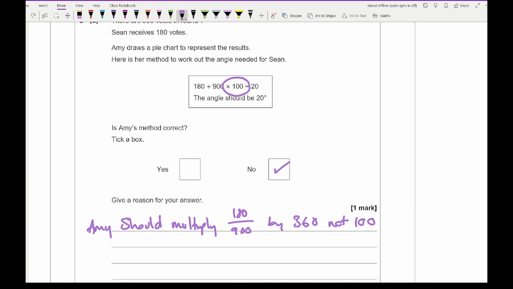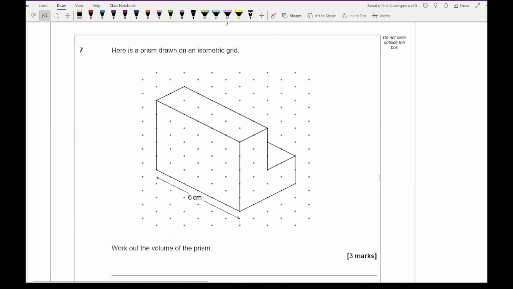You could also say that she worked out the percentage, not the angle. And you could also actually work it out properly, in which the proper answer you should have is that it should be 72 degrees, not 20. So something along those lines would be fine for that single mark.